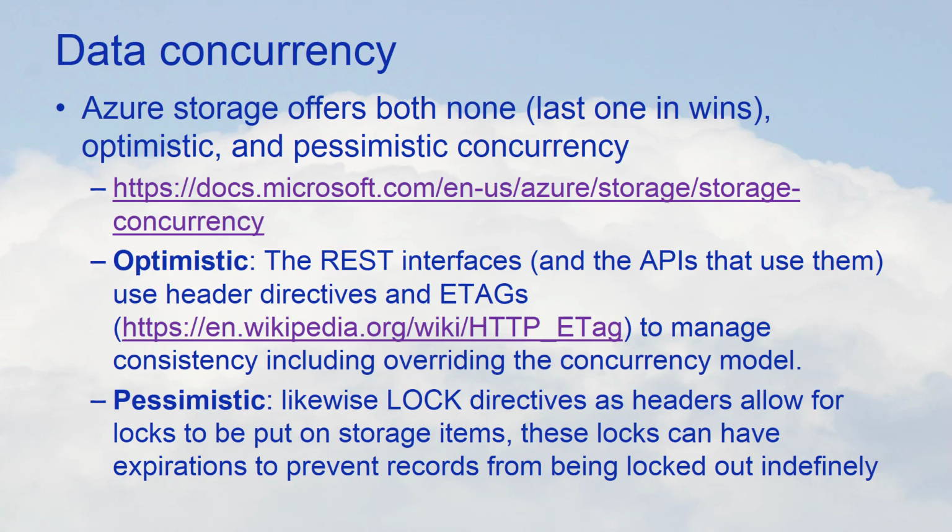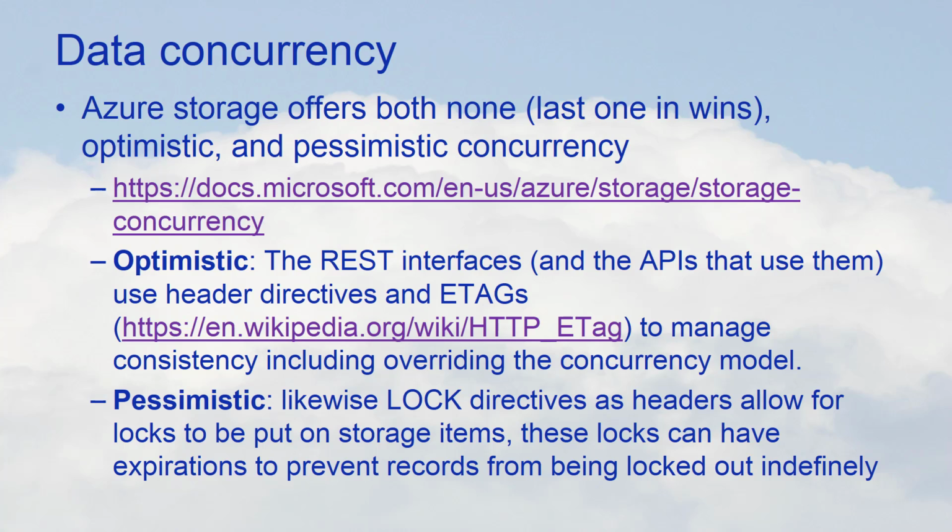Pessimistic concurrency uses a locking mechanism, which is to say we explicitly attempt to lock a record. The locks, as most locking mechanisms do in the cloud, are actually a time span in which we're asking for exclusive control over the record. And assuming that someone else tries to write your record while you have it locked, they'll get an error.